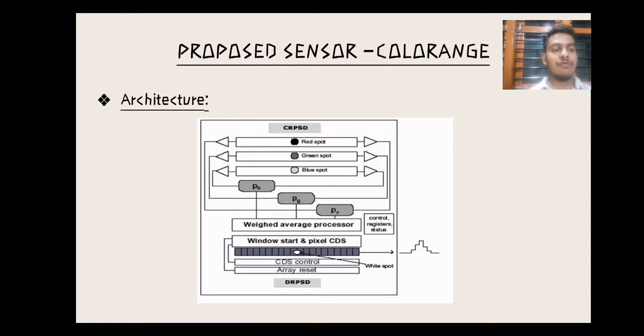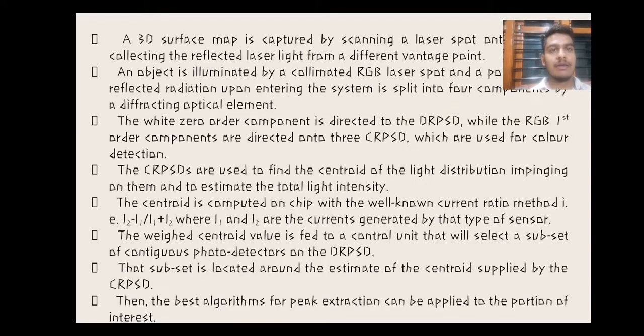Next, the proposed sensor for color range. It consists of spatially distributed autonomous sensors to monitor physical or environmental conditions. This diagram shows the architecture view of a proposed sensor containing CRPSD and DRPSD. Here is the explanation. The 3D surface map is captured by scanning a laser spot and collecting the reflected laser light from a different vantage point.